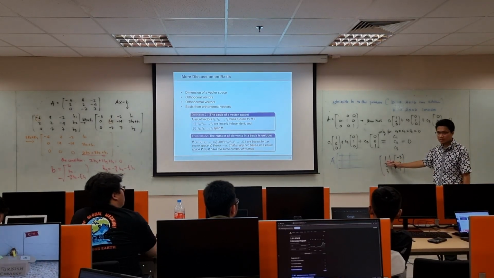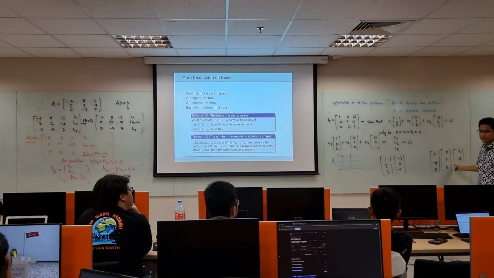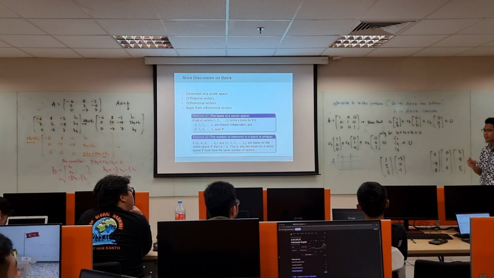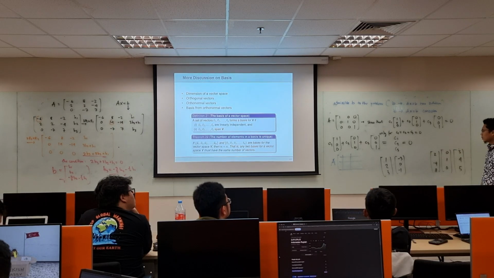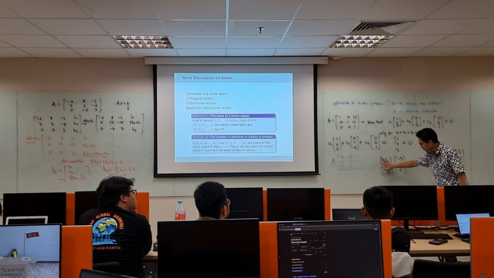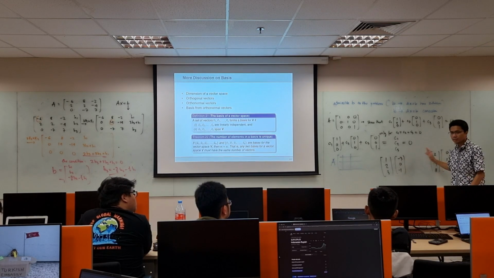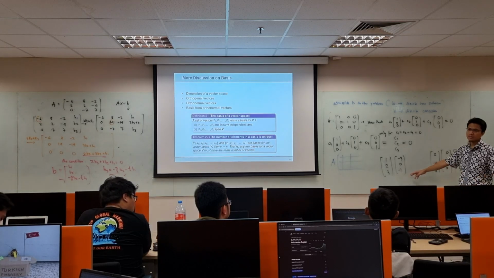This one has two vectors. This one has three vectors over here. We cannot say that this is the basis for R3 and this is also the basis for R3. We cannot say that because they have different numbers of columns.